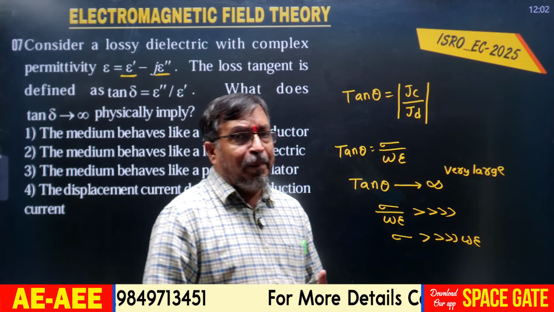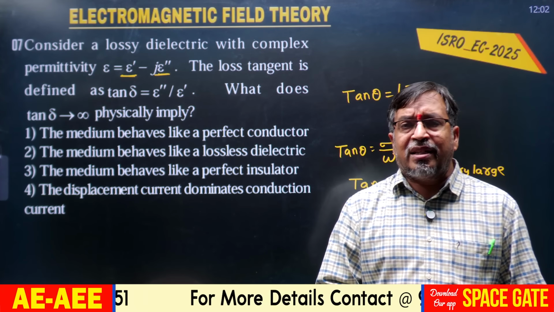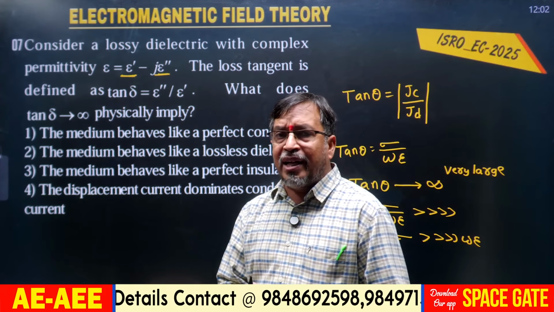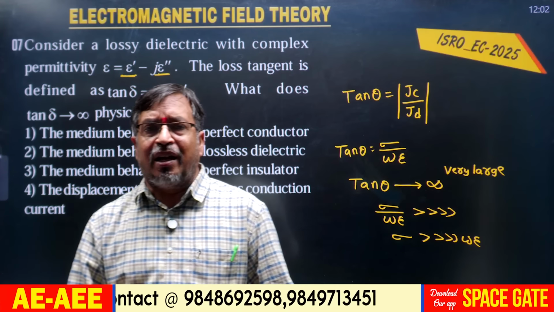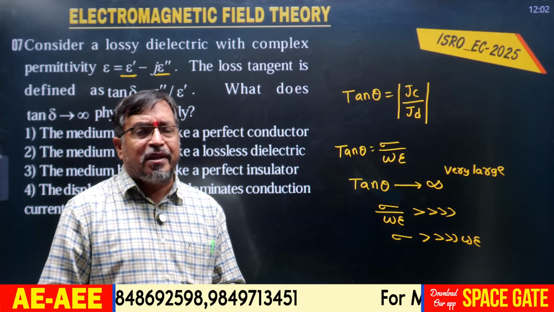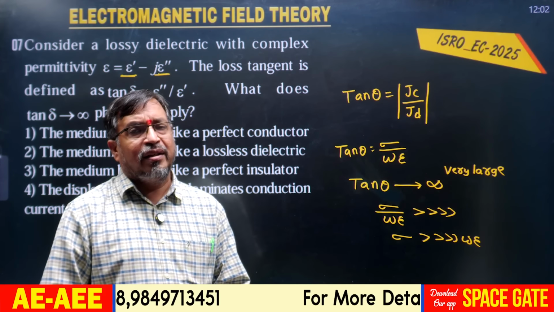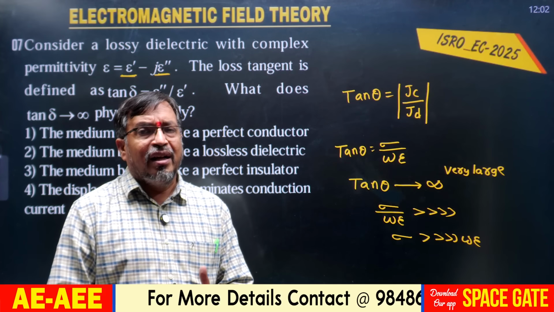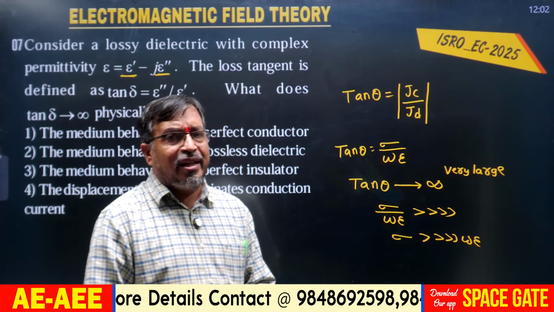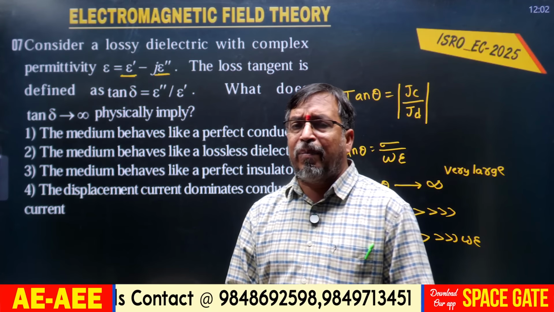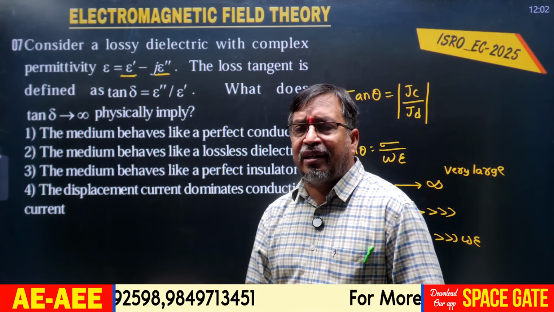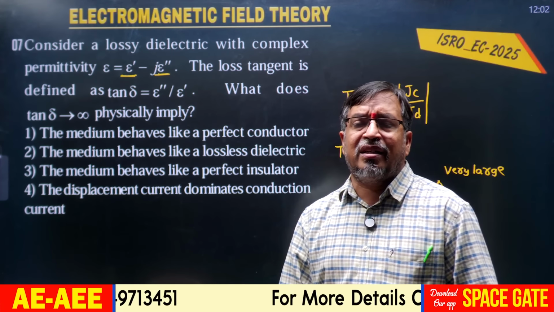Similarly, the medium is a perfect dielectric if tan theta tends to 0, or if sigma is very much less than omega epsilon, or sigma by omega epsilon is very much less than 1. So, by using loss tangent, we can decide whether the medium is a perfect conductor or a perfect dielectric. If the value is large, it is a good conductor; if the value is small, it is a good dielectric.